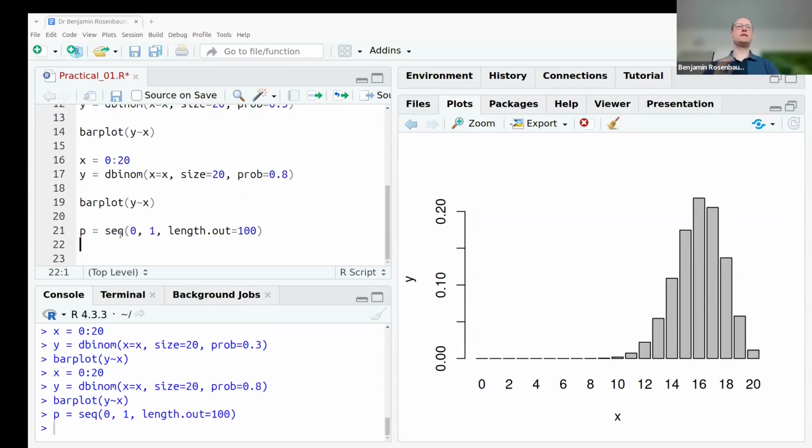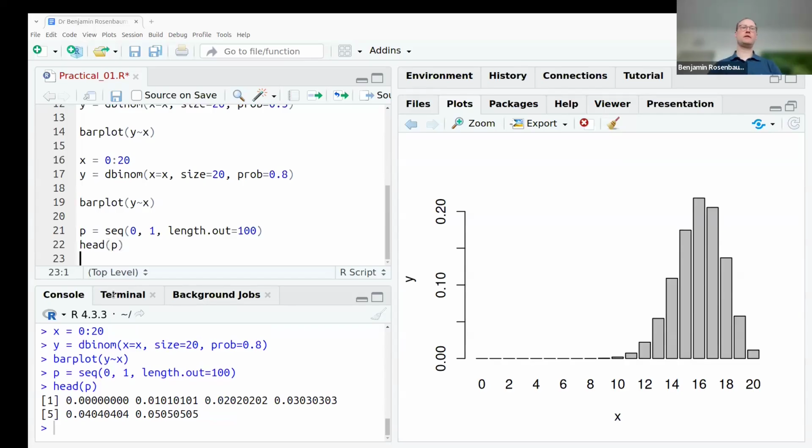So I just define a sequence of survival rate values for which I want to calculate the likelihood. This is just a sequence starting from 0 and going up to 1.